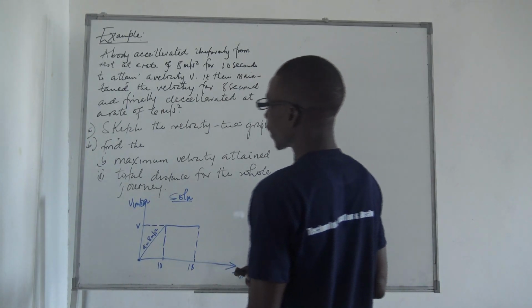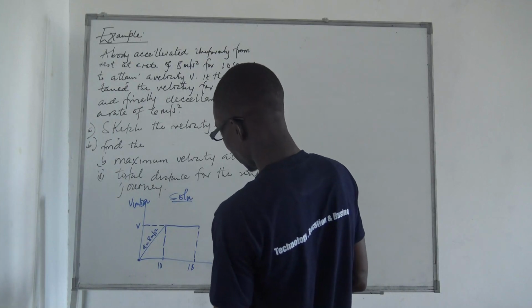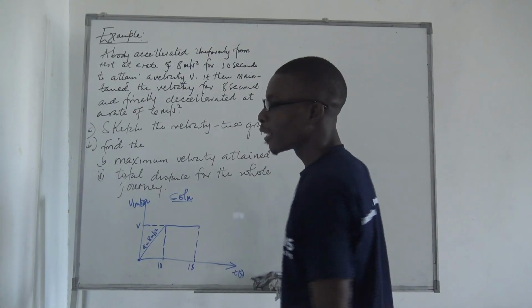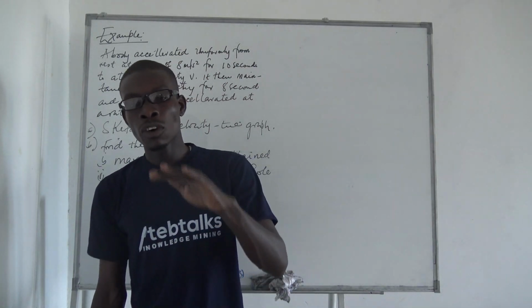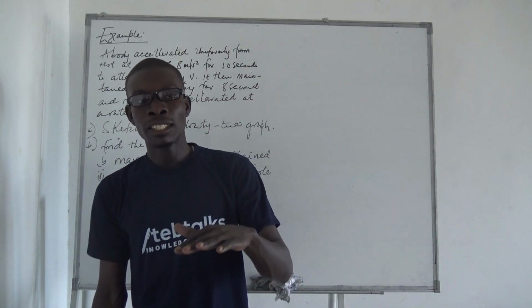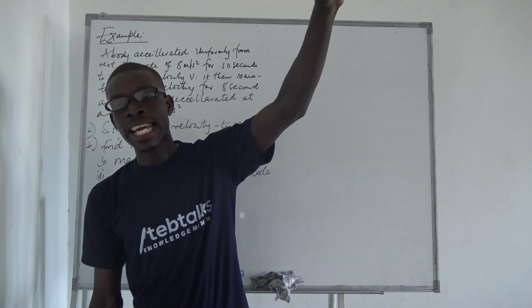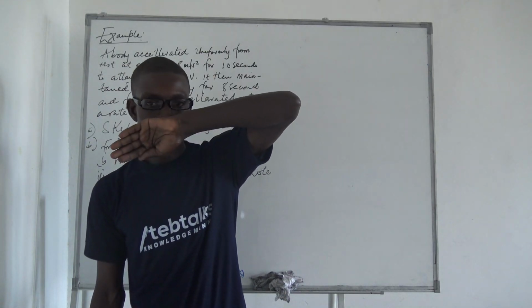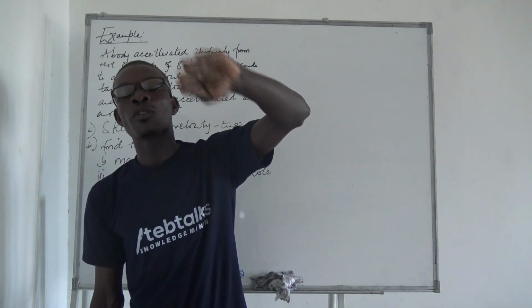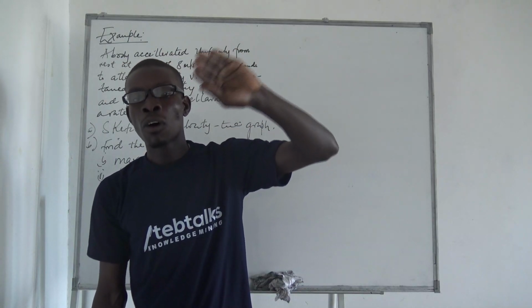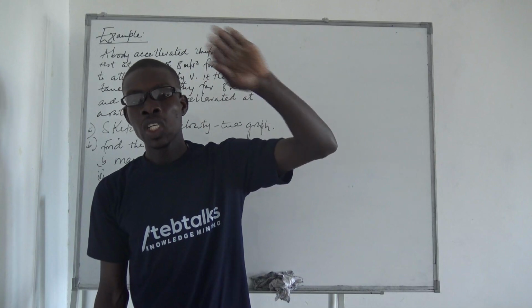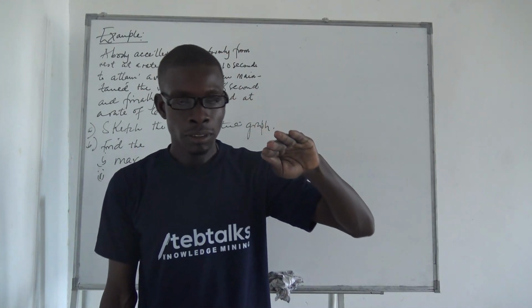And then finally it decelerated at a rate of 6 meters per second squared. If a body is decelerating, deceleration on a velocity time graph is always represented by a graph of a negative gradient.